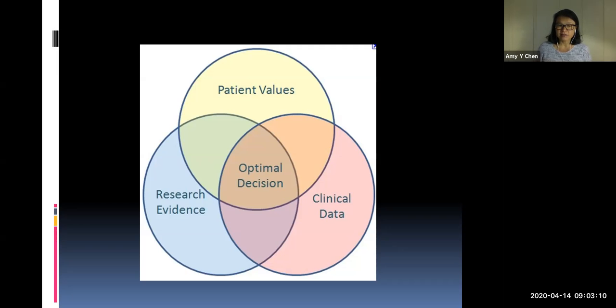Obviously, some of these areas that you guys have been listening to have better research evidence than others due to the prevalence of the disease. However, I think we all aim to try to incorporate as high level evidence as possible into our decision making.